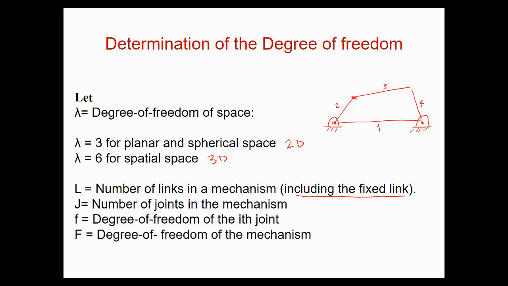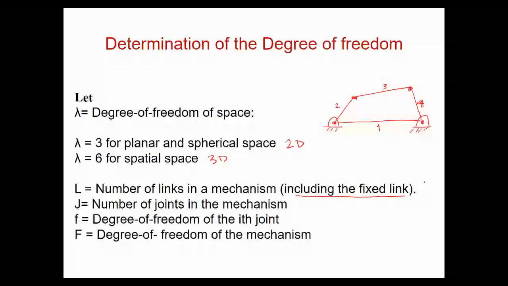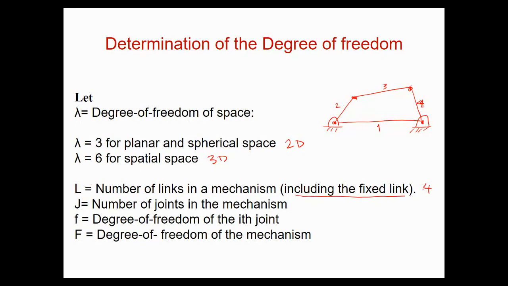These are all revolute joints. The number of links in the mechanism for the 4-bar is, for example, L is equal to 4. Okay. 1, 2, 3, 4. We have counted them. For the joints, the number of joints is J. You have 4 joints, which are all revolute joints.